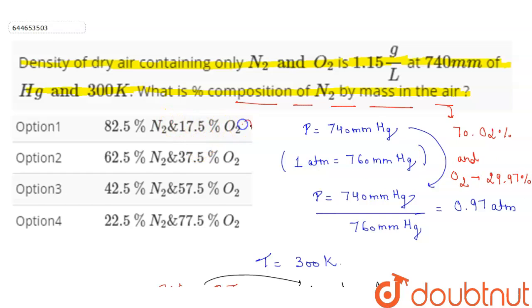Out of these four options, the only option which is near the found values is option 1, that is 82.5% of N2, which is nearest to 70.02, and 17.5% of O2, which is nearest to 29.97% of O2. So option 1 is the correct answer. So this is the solution.